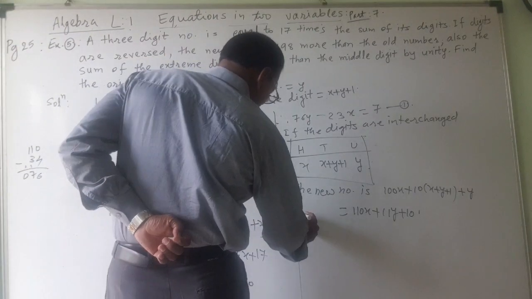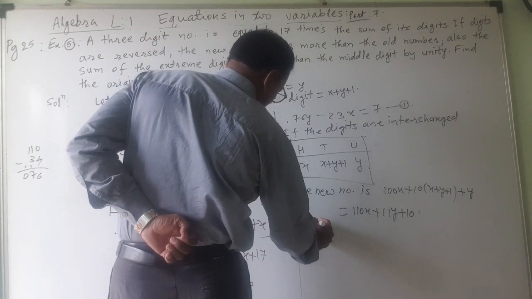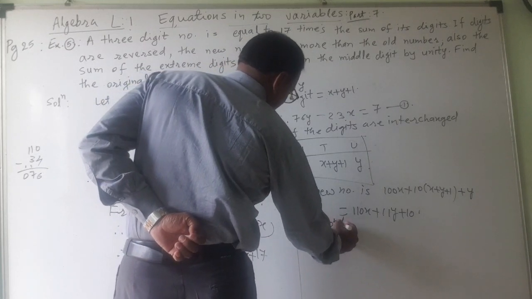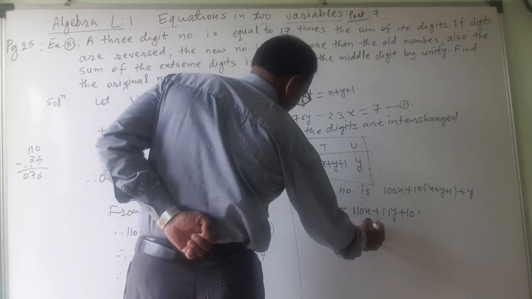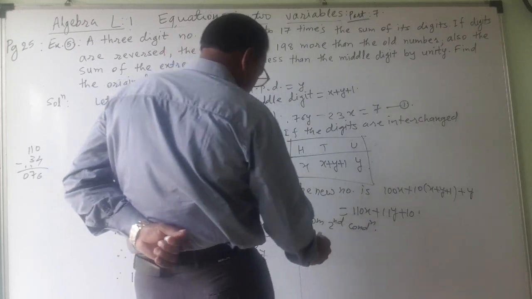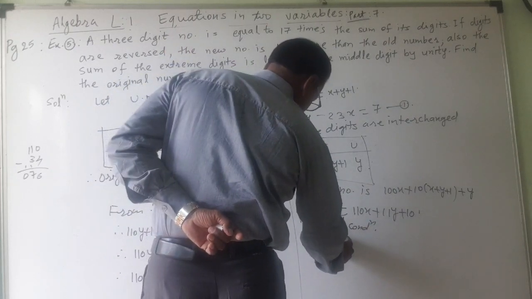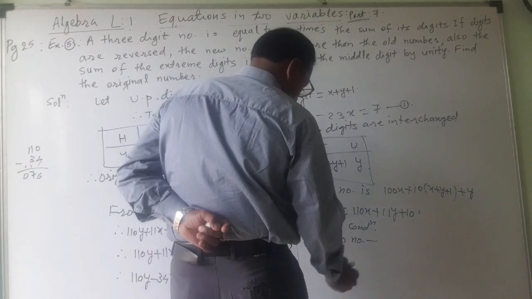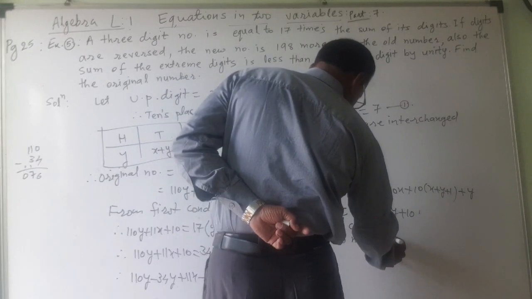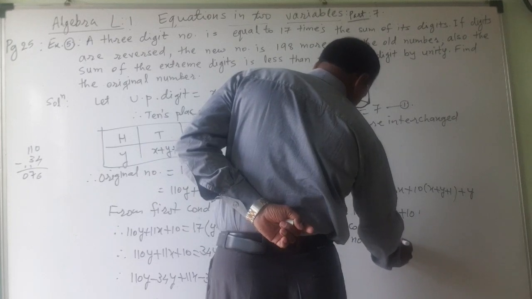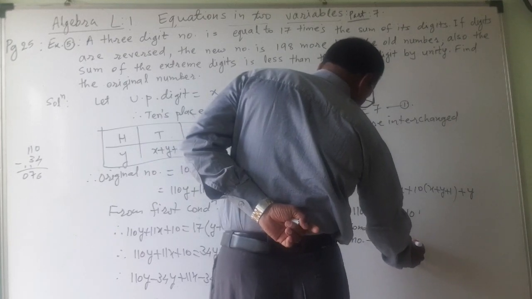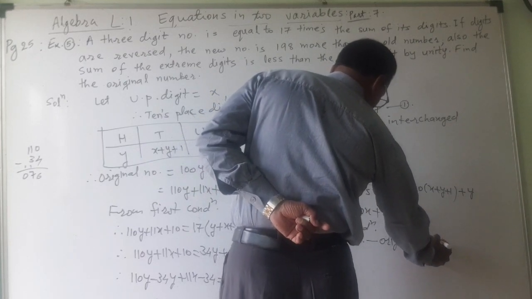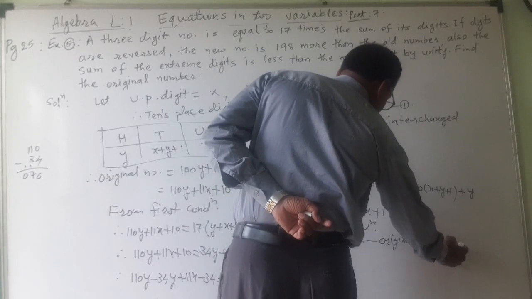Therefore, from the second condition, new number minus old number, the original number, is equal to 198.